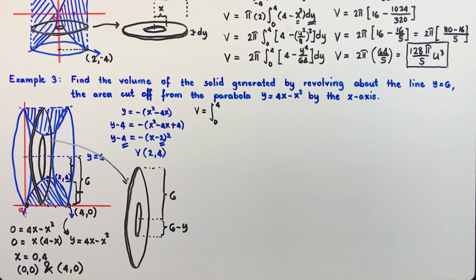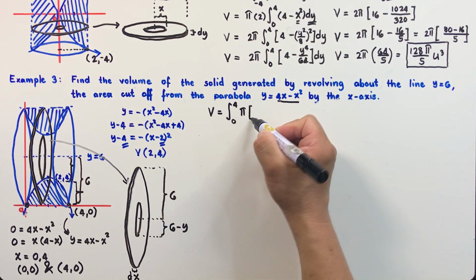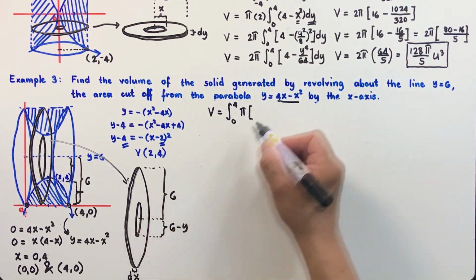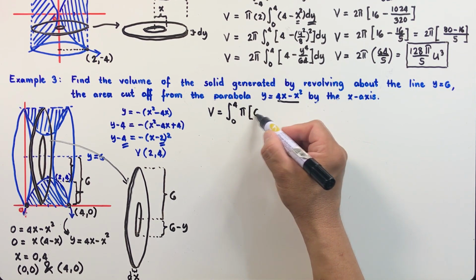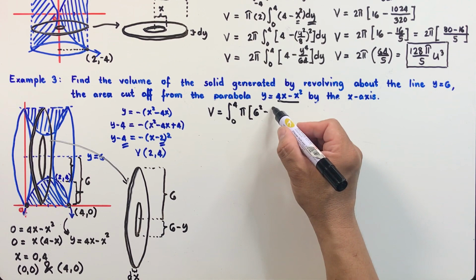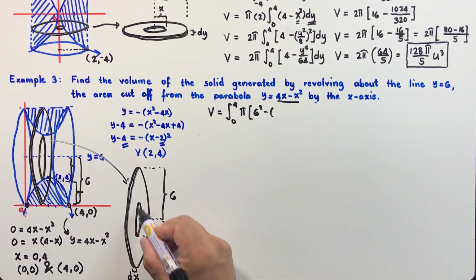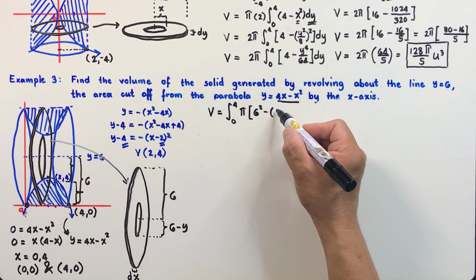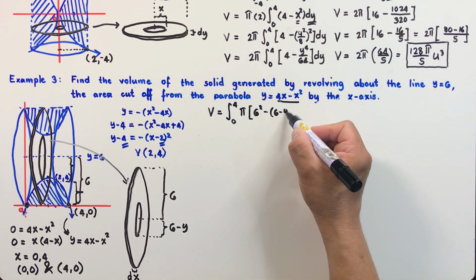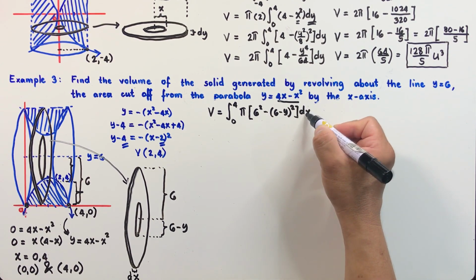Hence, this is the integration of pi times the square of the bigger radius, which is 6, and then this will be subtracted by the length of the radius of the smaller circle here, which is 6 minus y quantity squared dx.